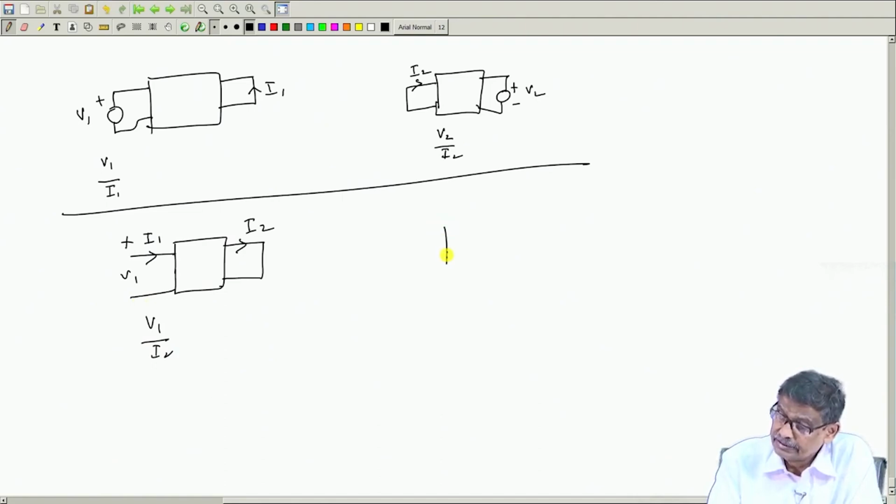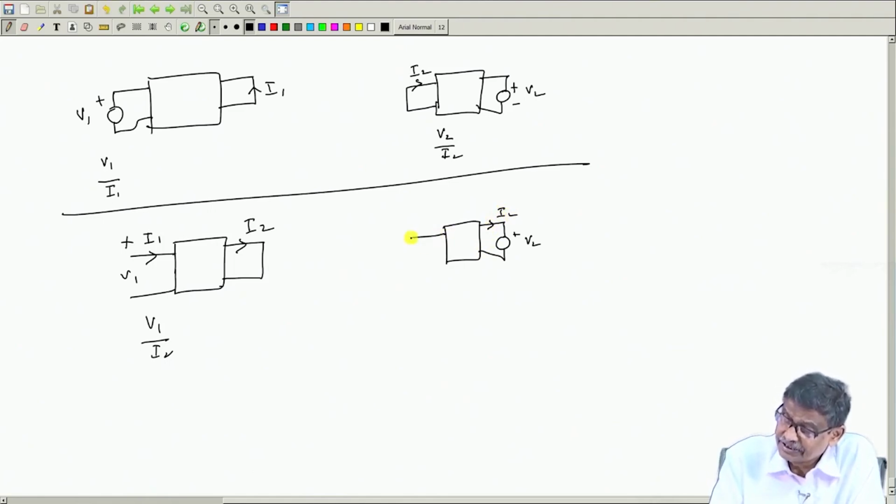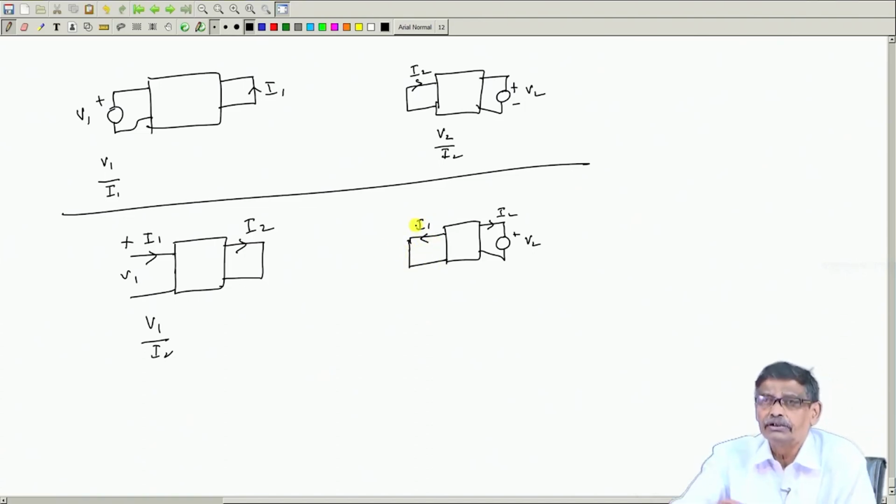But then in the second case, this is V2, this remains I2, but this current is of interest, transfer this voltage divided by this current. This current, if somebody says it is I1 when you short it, because the direction of current is my prerogative, I will choose the way I like.